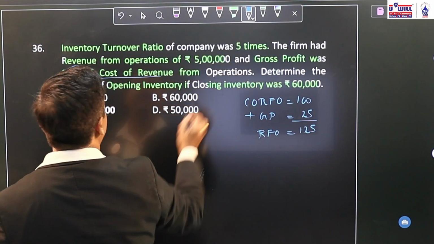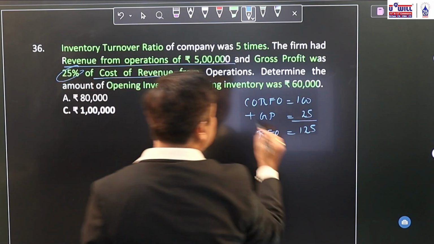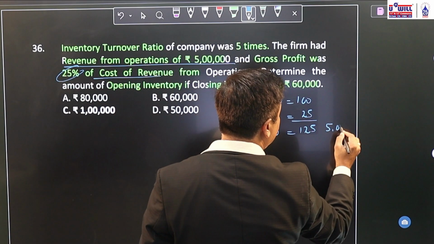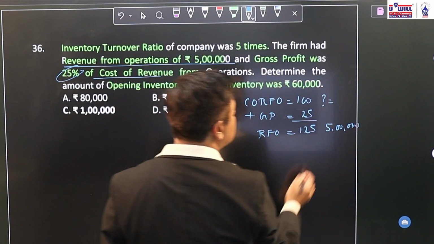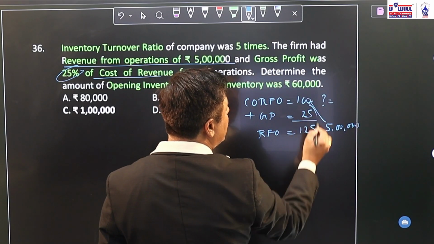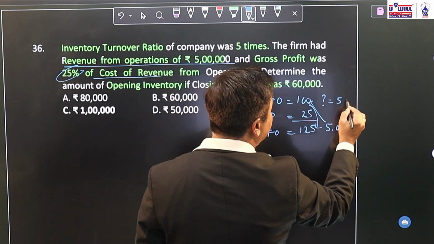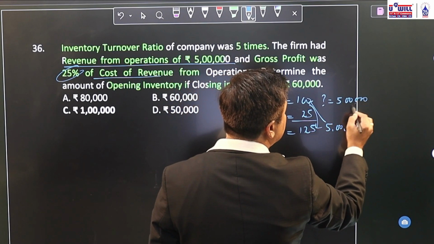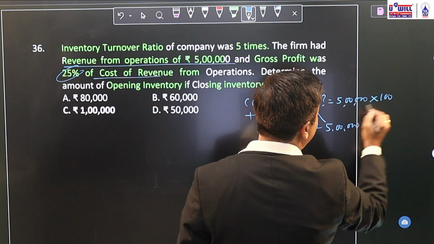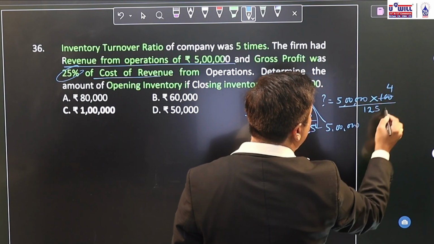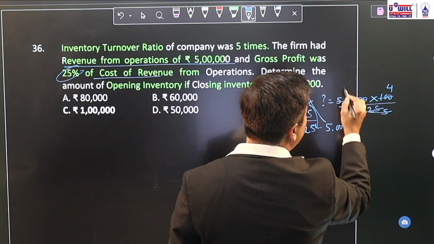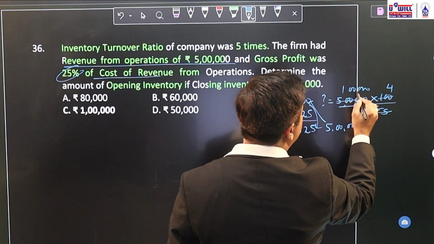Now when revenue from operations is 5 lakhs, what would be the cost of revenue from operations? 5 lakhs into 100 divided by 125. 25 into 4, 25 into 5, 5 into 1 lakh. So 1 lakh into 4, 4 lakhs.